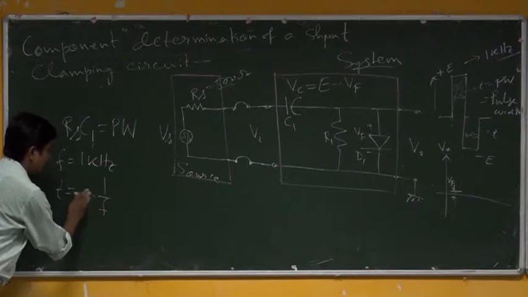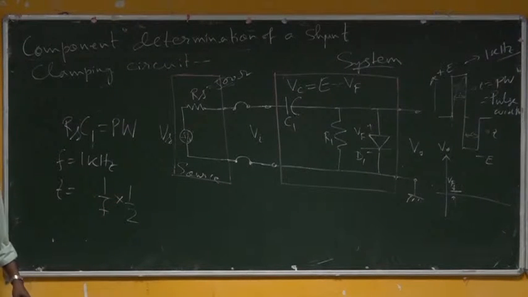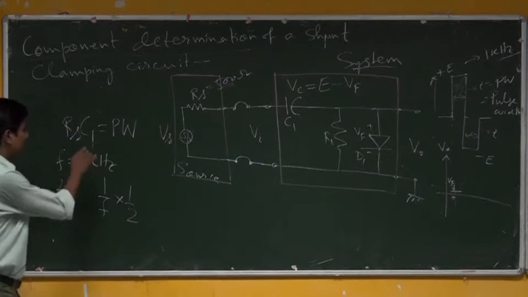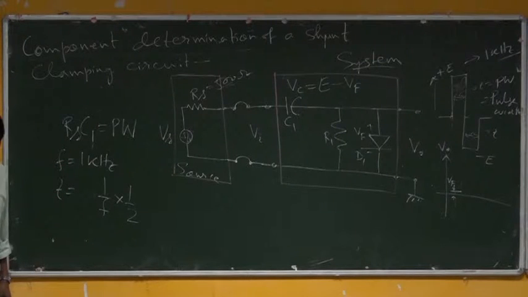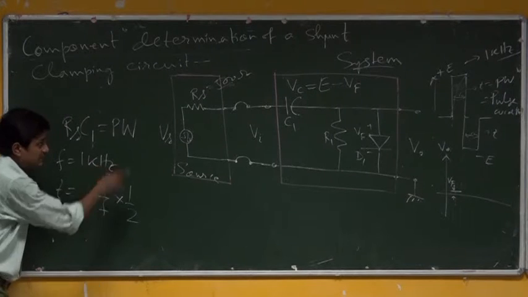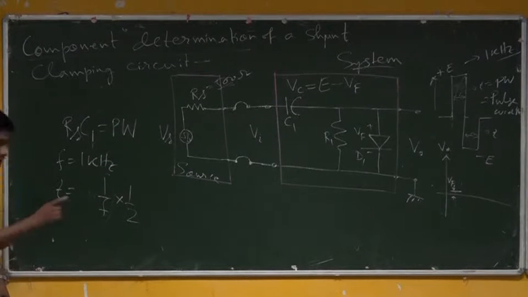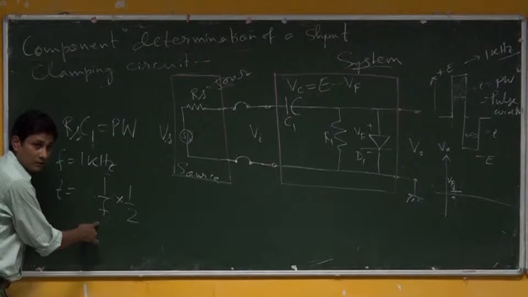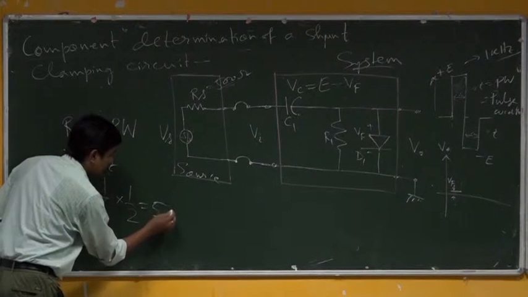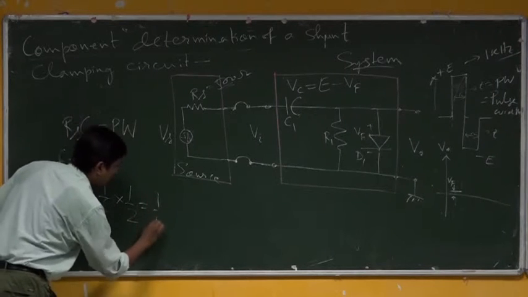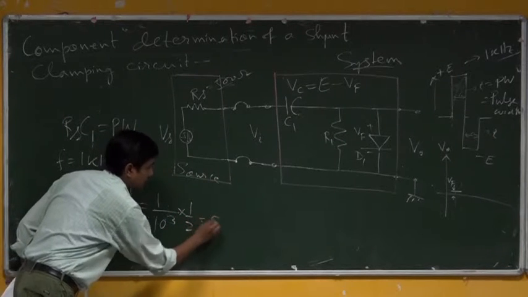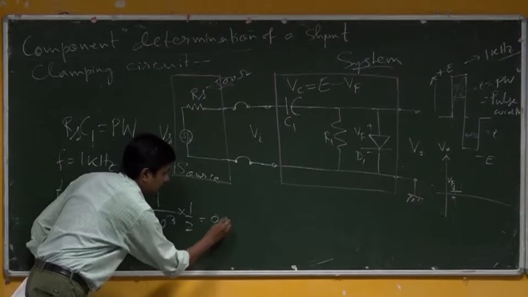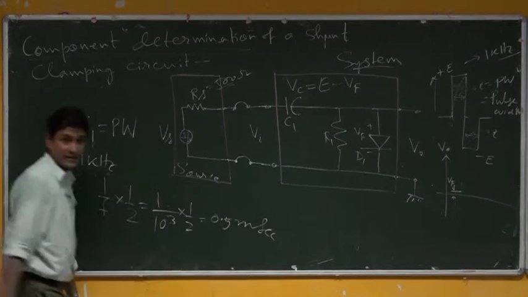If frequency is F, what is the period of the signal? 1 by F. So this is the total period, and I am saying the pulse width is half of that, so half of 1 by F. So it is basically 1 over 10 to the power 3, half, so 0.5 millisecond.